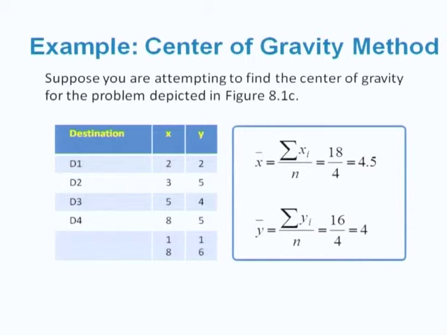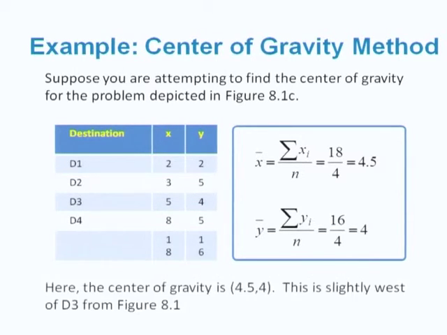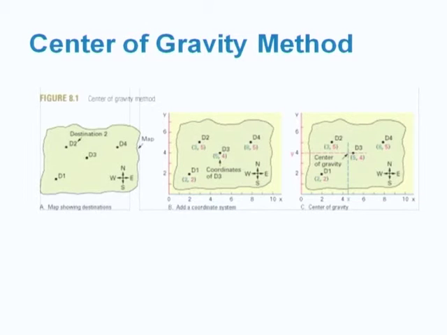We have the average of the x coordinate of 4.5 and the average of the y coordinates of 4. That means the center of gravity of this problem is 4.5 and 4, which is located near the destination D3 in figure B and figure C.